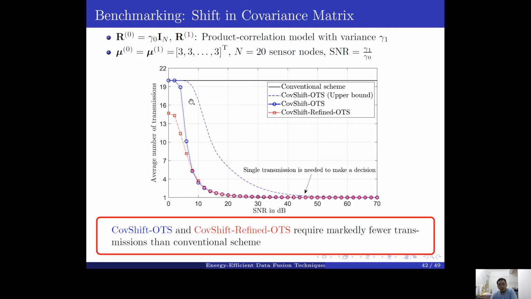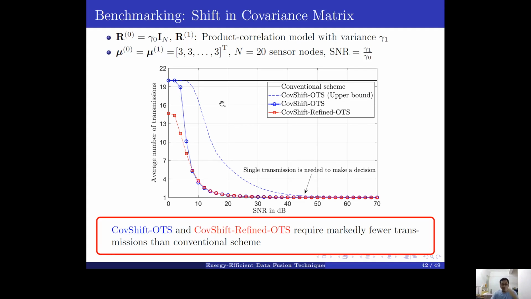We have also obtained an upper bound on the CovShift-OTS scheme. We have not shown it here because it's too involved, but the key idea which we want to convey is that when the SNR becomes high enough, you can see that both the schemes require around a single transmission to make a decision.